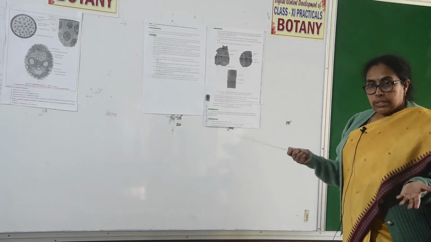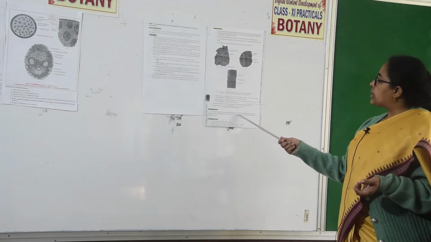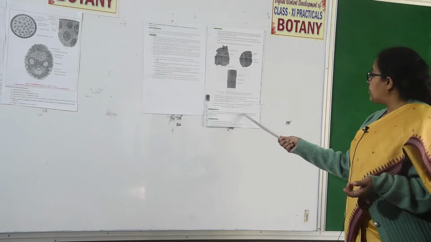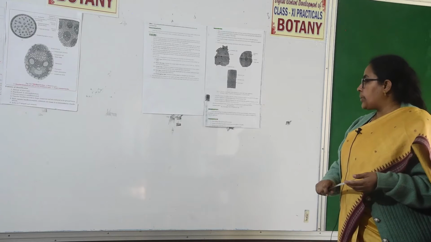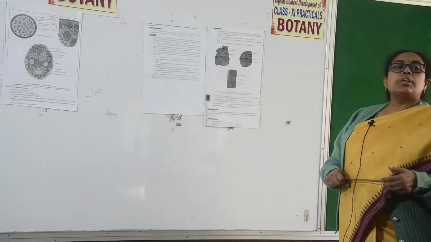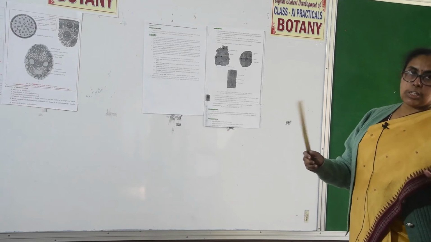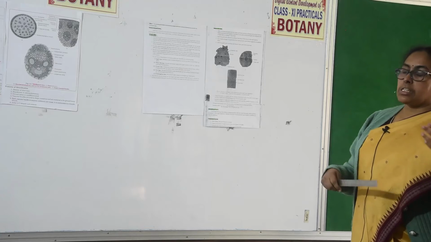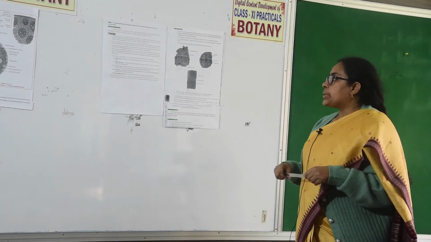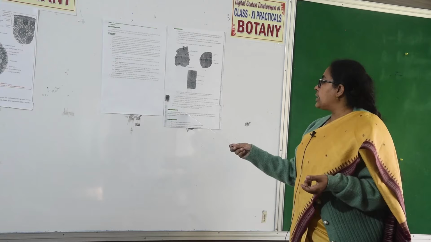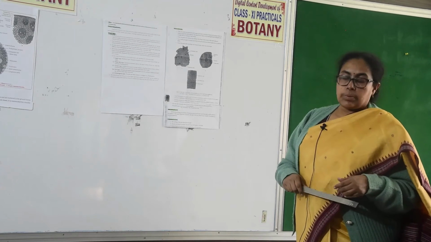If you do it in the petunia plant, you will find that the number of stomata is more on the lower epidermis and only a few stomata are present in the upper epidermis. But if you take the lily, you will find it is equal. So as we discussed, in case of dicot, that is what you find in petunia, and in case of lily it is equal.